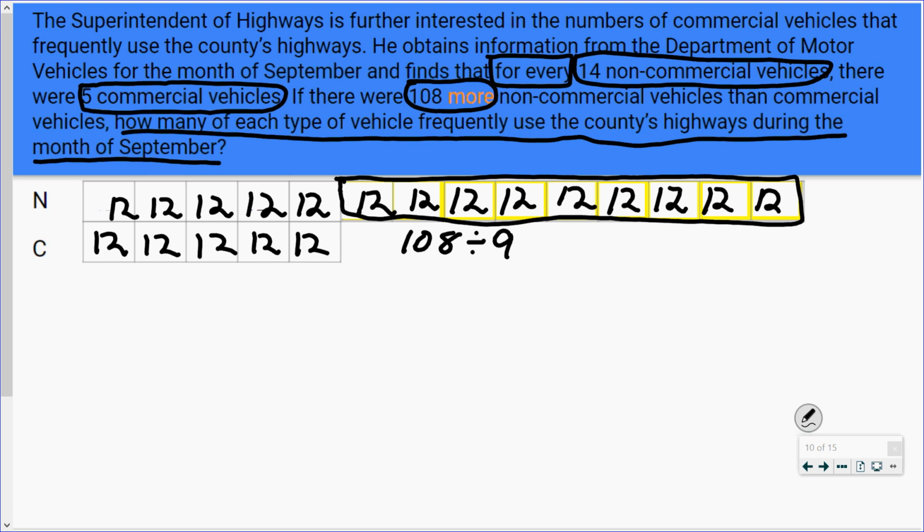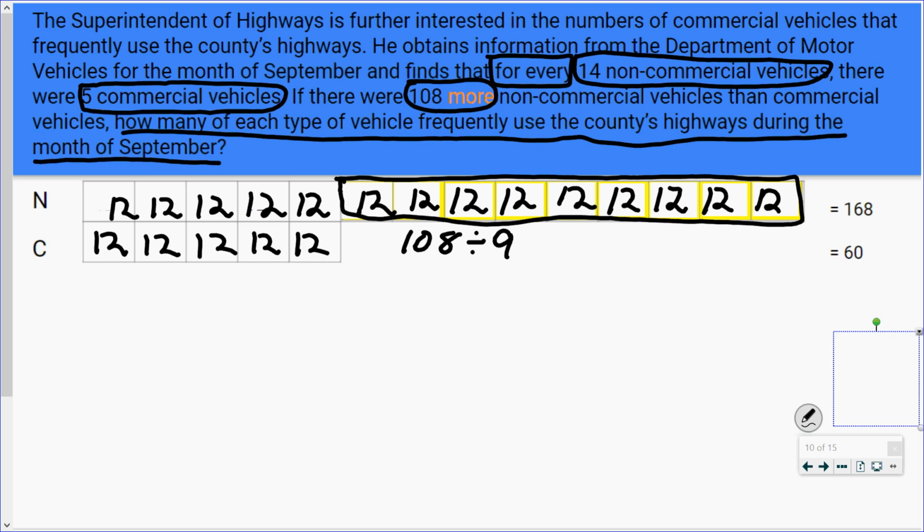Who has the answer for that? What'd you get?